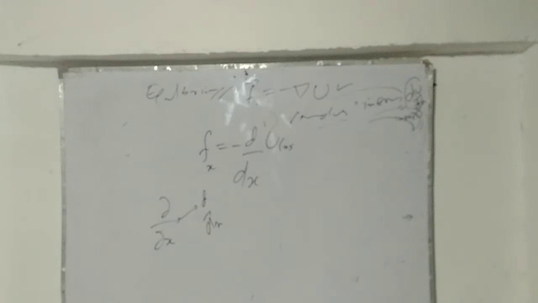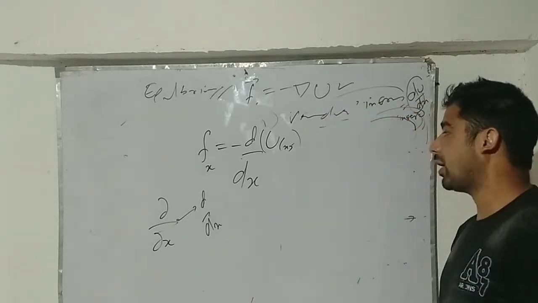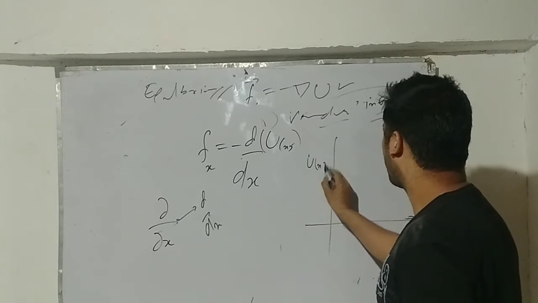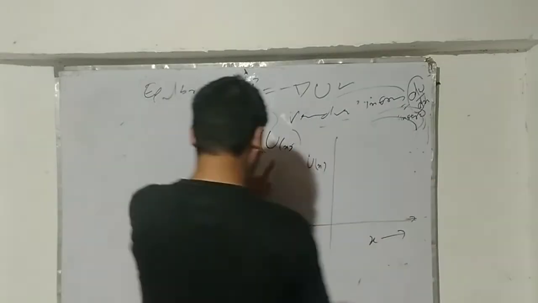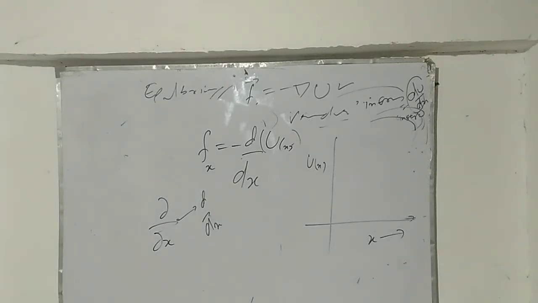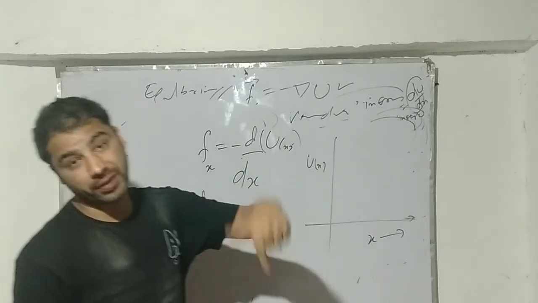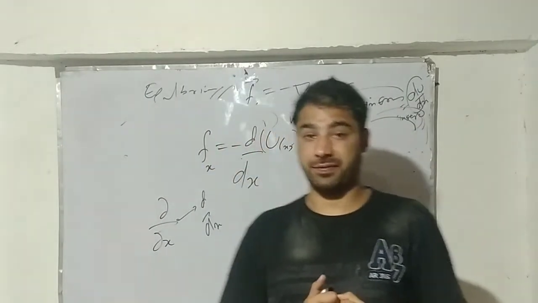No issues here. So here is the moment to discuss something more. Again, I will mention here the plot of potential energy with respect to position. If I add or subtract some constant to the potential energy, it has no effect on force. Force will again be zero, but it will change our entire potential energy function.